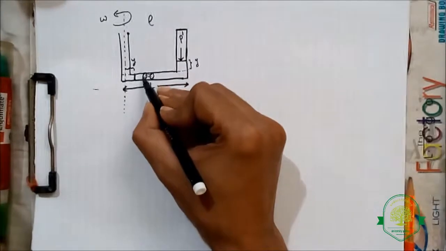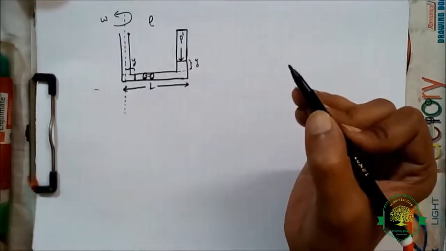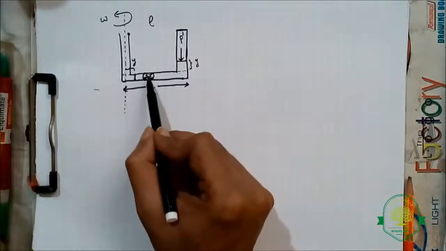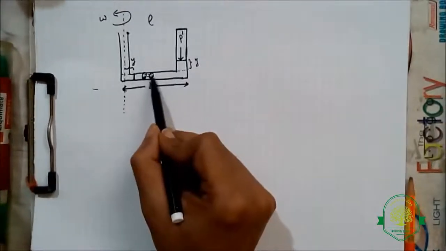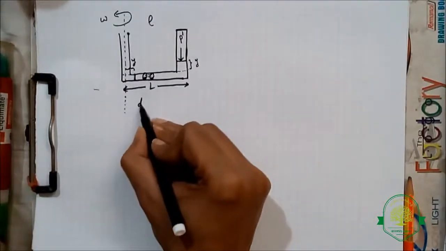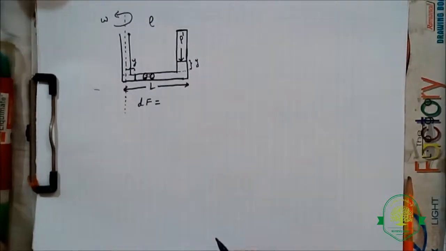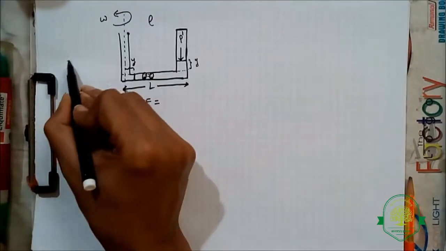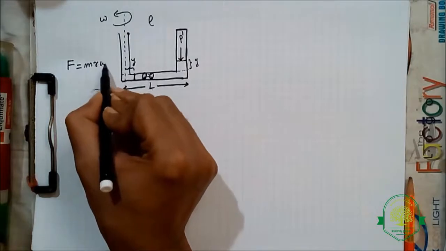So if we concentrate on this infinitesimally small differential element, we can say that because this element also rotates in a circle, it experiences a certain centrifugal force. Let us first find out what that centrifugal force is. We know the formula for centrifugal force is m r omega squared.